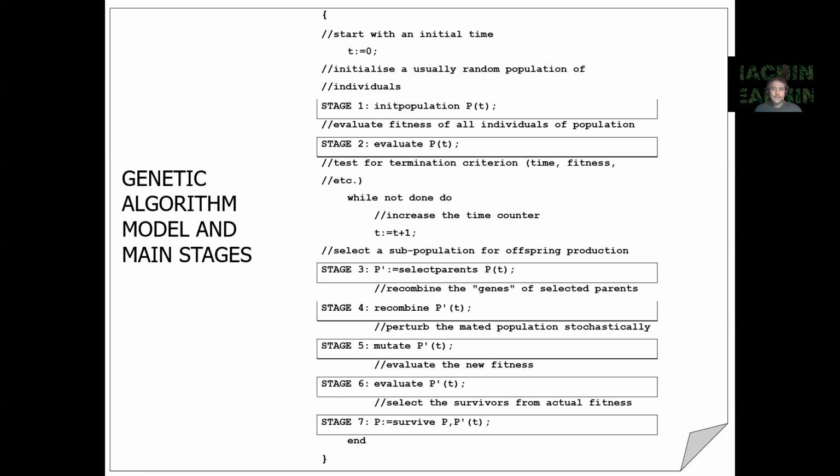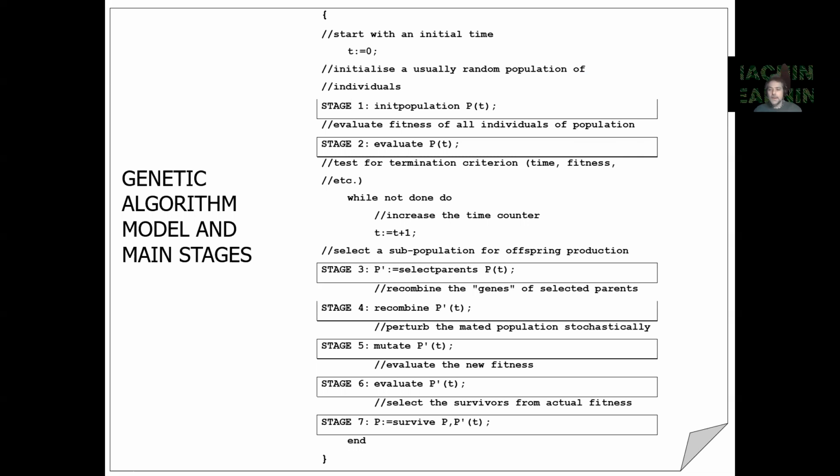There are different variants of this idea. So you can use, for example, some algorithms where you produce the offspring, and the offspring survive, and all the parents die. In other cases, you make a comparison between the fitness of the parents and the offspring.